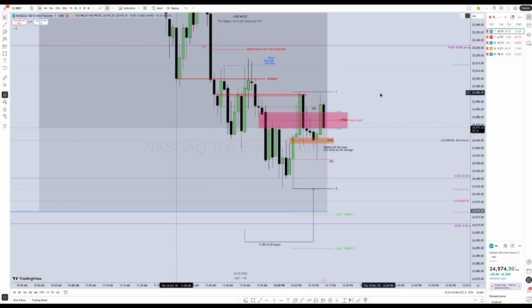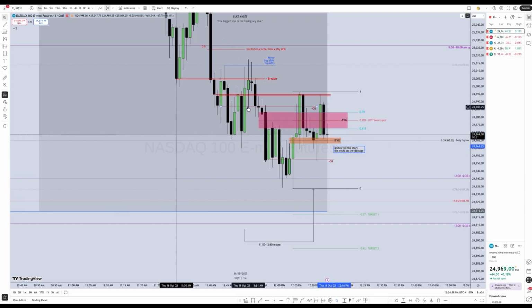So if I extend that volume imbalance in price, you're going to see it holding the market nicely. Just like that. The market is held by that to give me an SMT with ES at those highs.